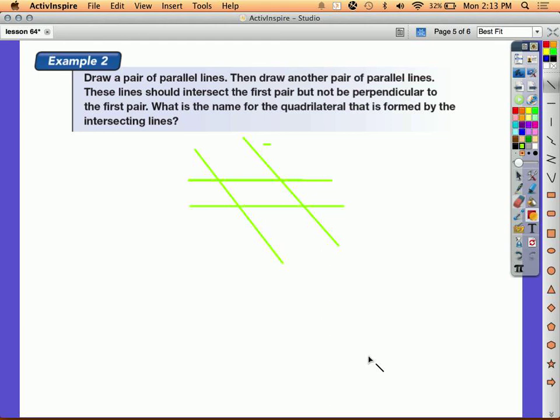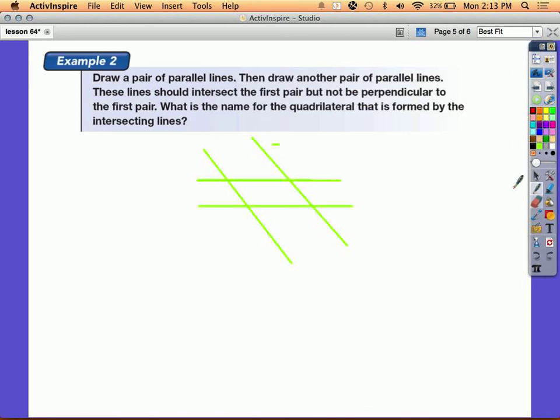So I drew my parallel lines. I drew another pair of parallel lines that are not perpendicular to the first pair. What's the name of the quadrilateral that is formed by the intersecting lines? So I want to know what's the name of this quadrilateral. How many pairs of parallel sides does it have? Well, it has 2. So, first of all, 4 sides, so it's quadrilateral.